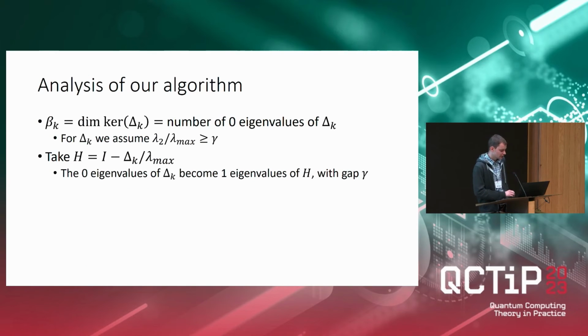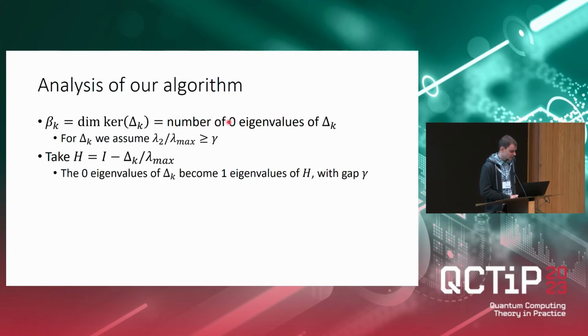So now a bit about the analysis. So why did we take this matrix H? Why does it work? So we saw before that the alternative definition of the kth Betti number was the dimension of the kernel of the kth combinatorial Laplacian, which is just the number of zero eigenvalues of the same matrix. And here we have an assumption on the spectral gap of the combinatorial Laplacian.